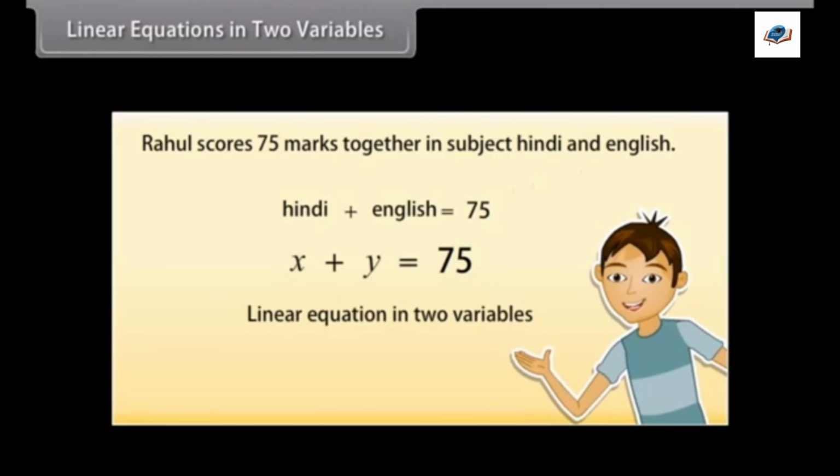This is an example of a linear equation in two variables. Some other examples of linear equations in two variables are 1.2s plus 3t is equal to 5, p plus 4q is equal to 7, and 3 is equal to 2x minus 7y.